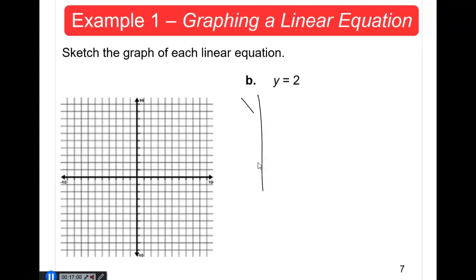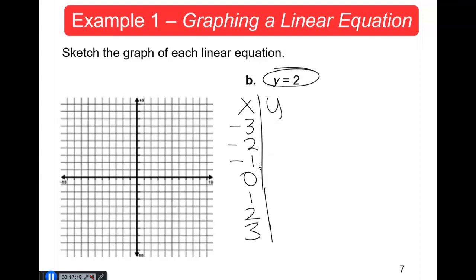So if I make this x and this y, let's say I want x to be -3, -2, -1, 0, 1, 2, and 3. Since I do not have a place to substitute the x value, all of my y values are just going to be equal to 2.